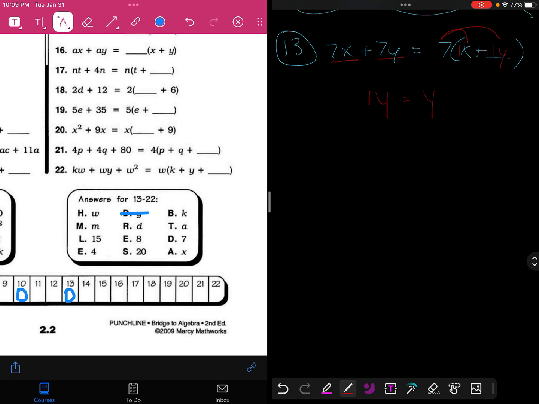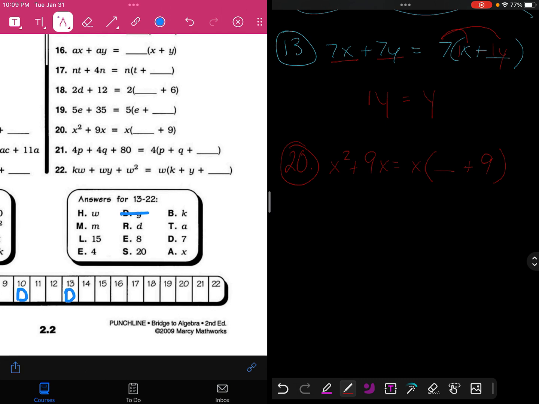All right, let's go to number 20. All right, we have x squared plus 9x equals x, parentheses space plus 9. All right, so this time we've got to think about, we have an exponent, and the exponent doesn't change anything that we're doing.